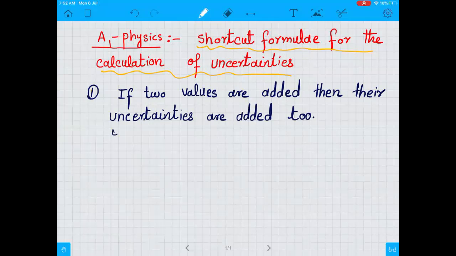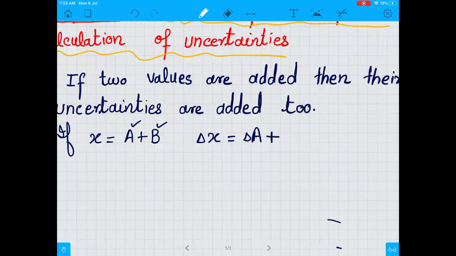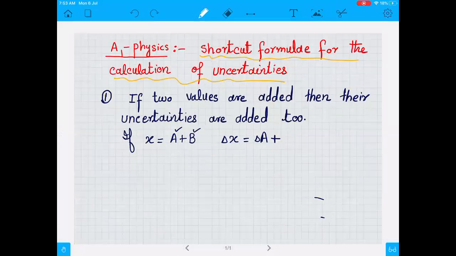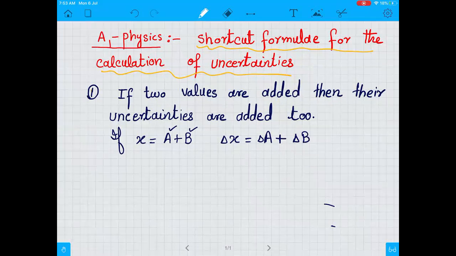Just for example, if we have x is equal to a plus b, we have two values a and b which are added to make x. Now you see the uncertainty in x will be equal to the uncertainty in a plus the uncertainty in b.